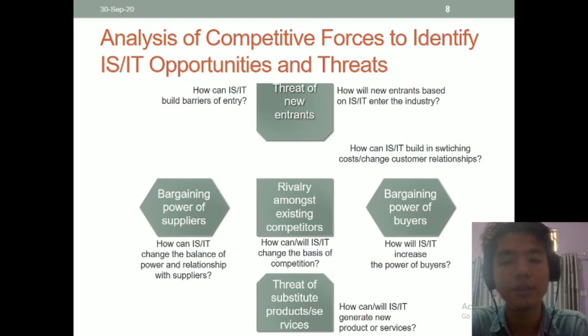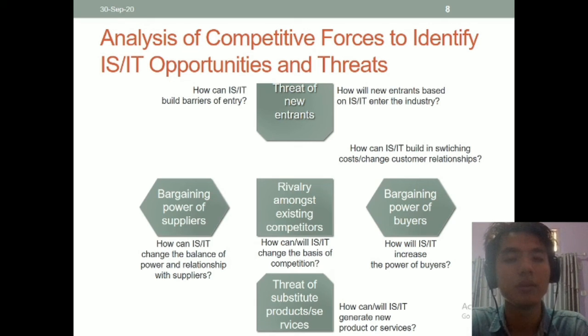The next is bargaining power of buyers. How can ISIT build in switching costs and change customer relationships? How will ISIT increase the power of buyers?